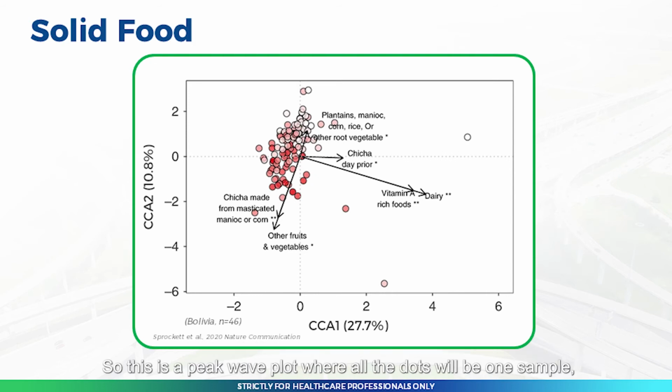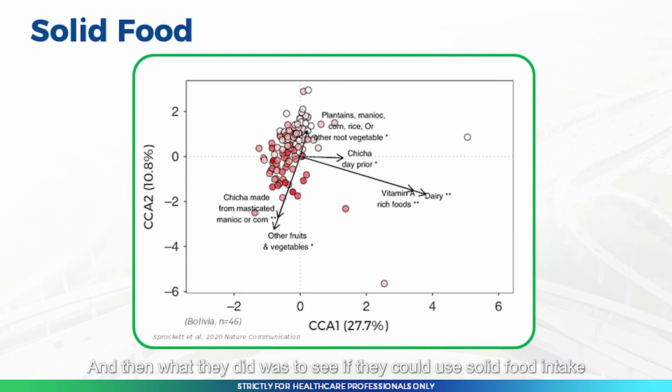So this is a PCoA plot where all the dots will be one sample, one microbiome sample, and the closer the dots are to one another, the more similar the microbiome composition is, and the more distance, the more dissimilar. And the gradient here shows the age of the kid, with the white dot being younger kids and the red ones being older kids.